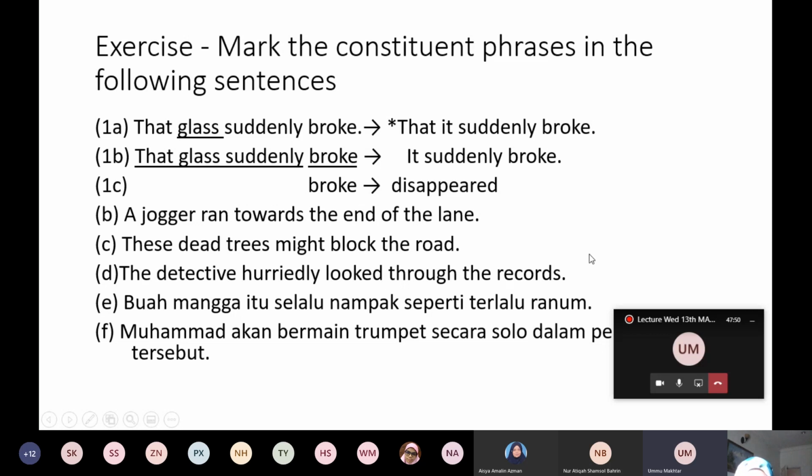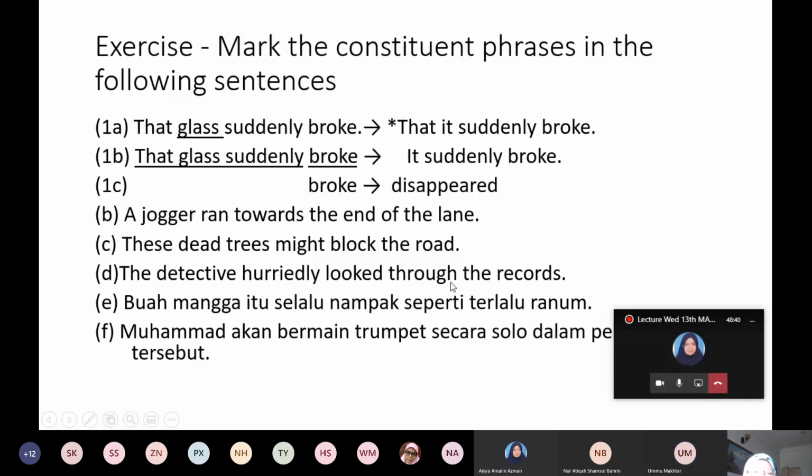Any question from the rest about this sentence? Doctor, how do we prove that through is a constituent? If they are next to each other, look through, it's a bit ambiguous here. But actually it should be look where, look what, look through the records.